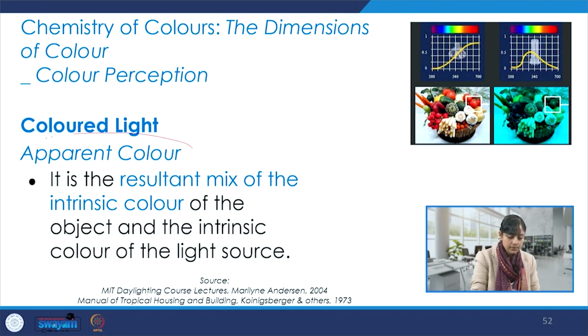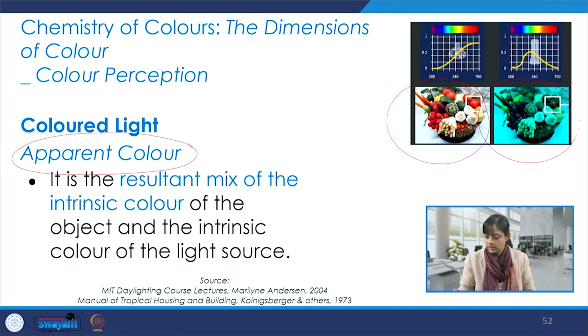And then there is apparent color. It is the resultant mix of the intrinsic color of the object and the intrinsic color of the light source. So one scenario here, and then how we perceive color and the actual color versus the apparent color.